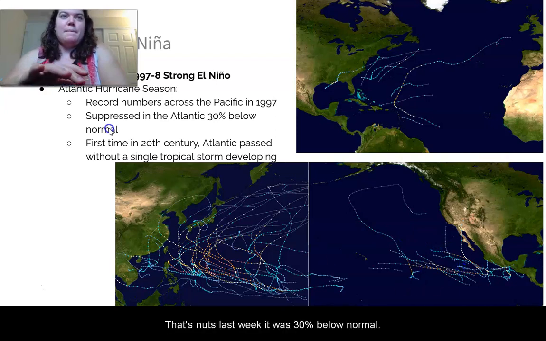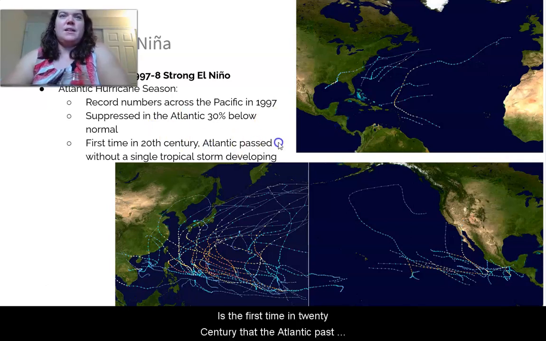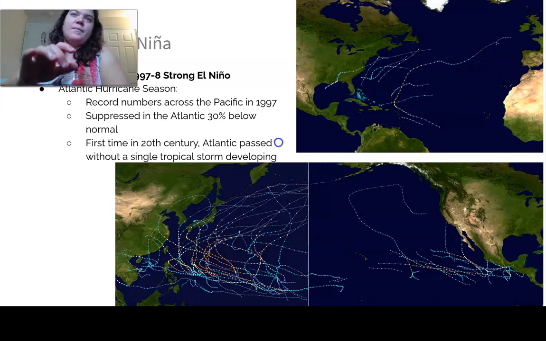That's nuts. Now in the Atlantic, it was 30% below normal. Here's the Atlantic. 1, 2, 3, 4, 5, 6, 7, 8, 9, 10. I think it's like 9 or 10 storms. This is the first time in the 20th century that the Atlantic passed August without developing a single tropical storm. Pretty impressive.